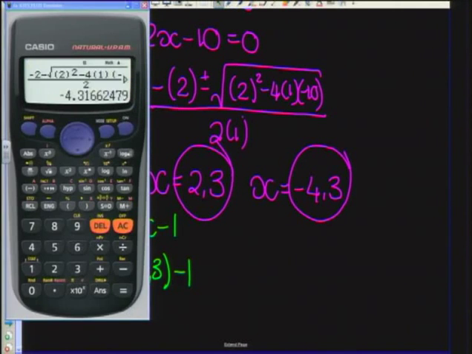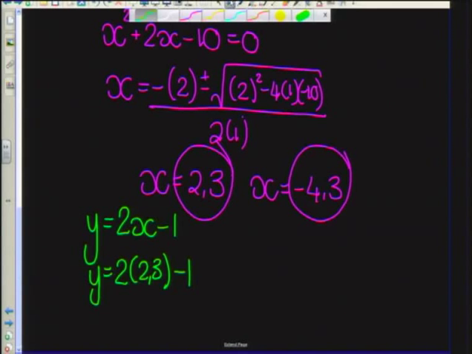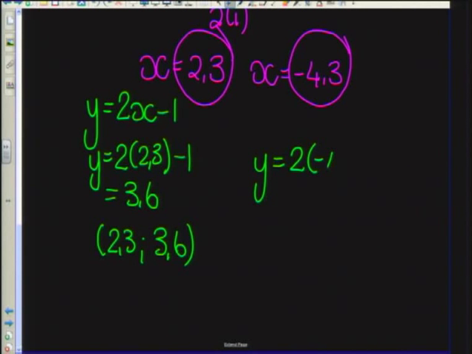Let's just move our calculator over. Okay, clear it. So we're going to say 2 multiplied by 2.3 minus 1, and that value was 3.6. So my y value is 3.6. Let's actually write that coordinate. The x coordinate was 2.3, and the y was 3.6. And over here, I've got y equals 2 multiplied by negative 4.3 minus 1.